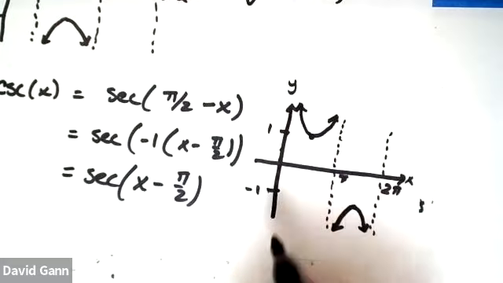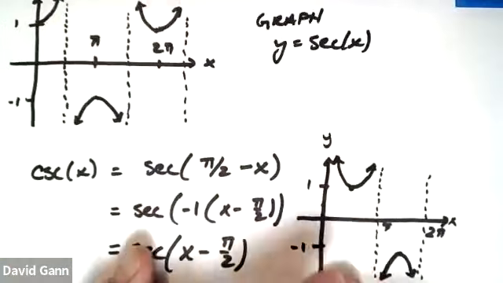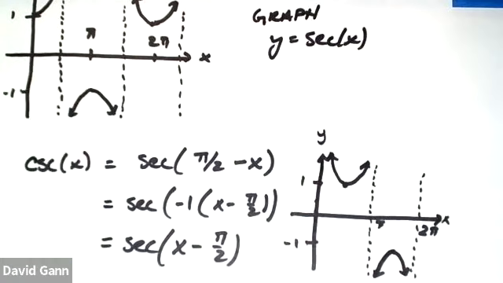So this is the basic graph of cosecant just from using the secant function. That's very quick and dirty. What I'd like to do is take a couple of equations and produce some graphs, and then take some graphs and produce some equations, which is really the harder aspect of this.